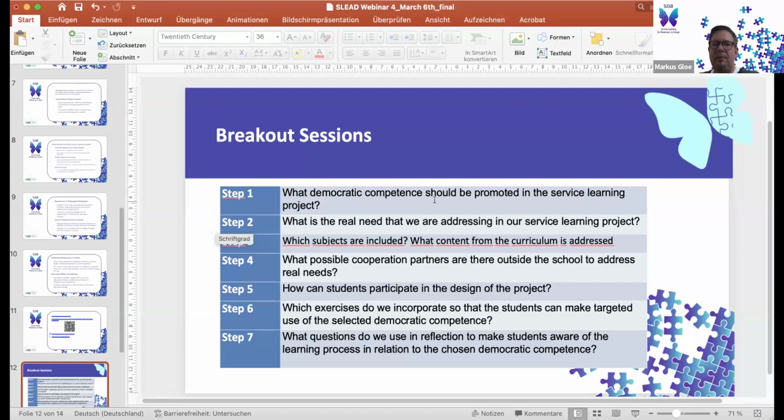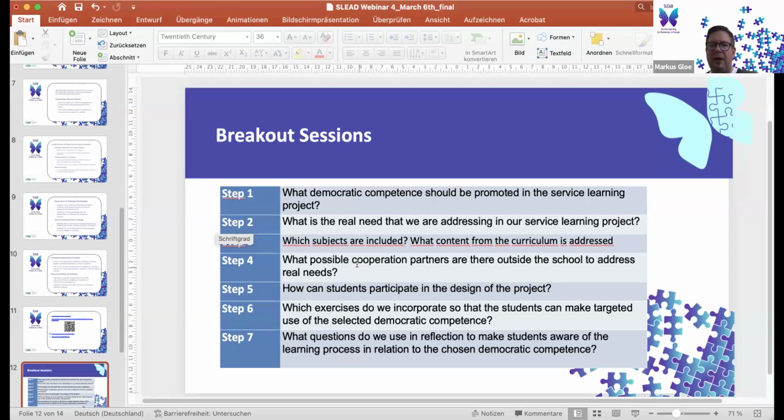Then step number 4 is to think about what possible cooperation partners there are outside the school to address this real need. Who do you choose to cooperate with? To leave the school and find a cooperation partner is another quality standard. And then participation is another quality standard.